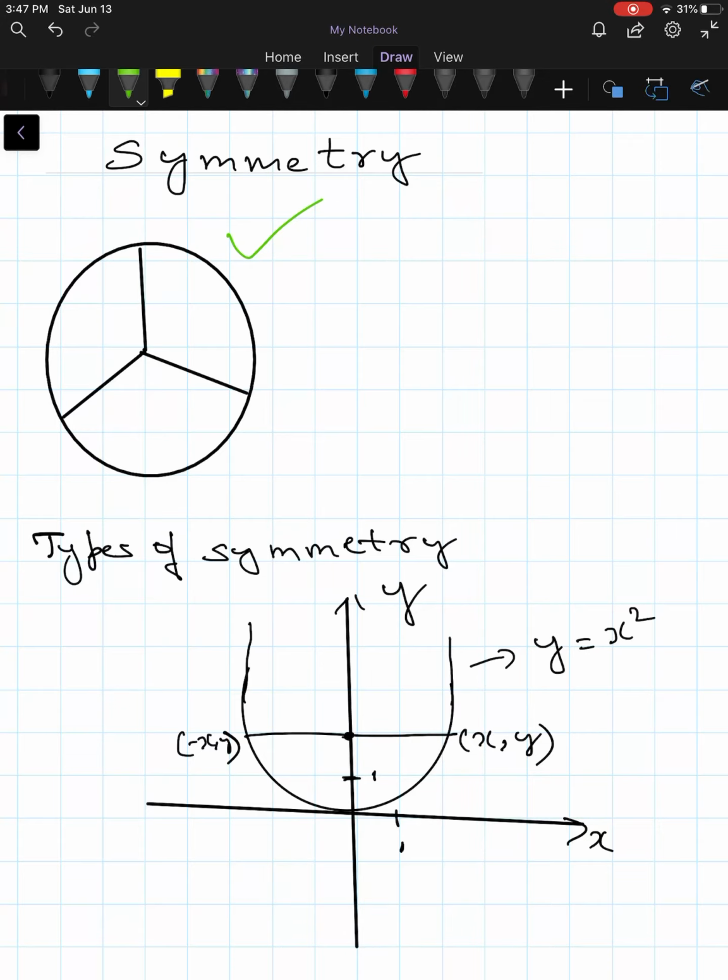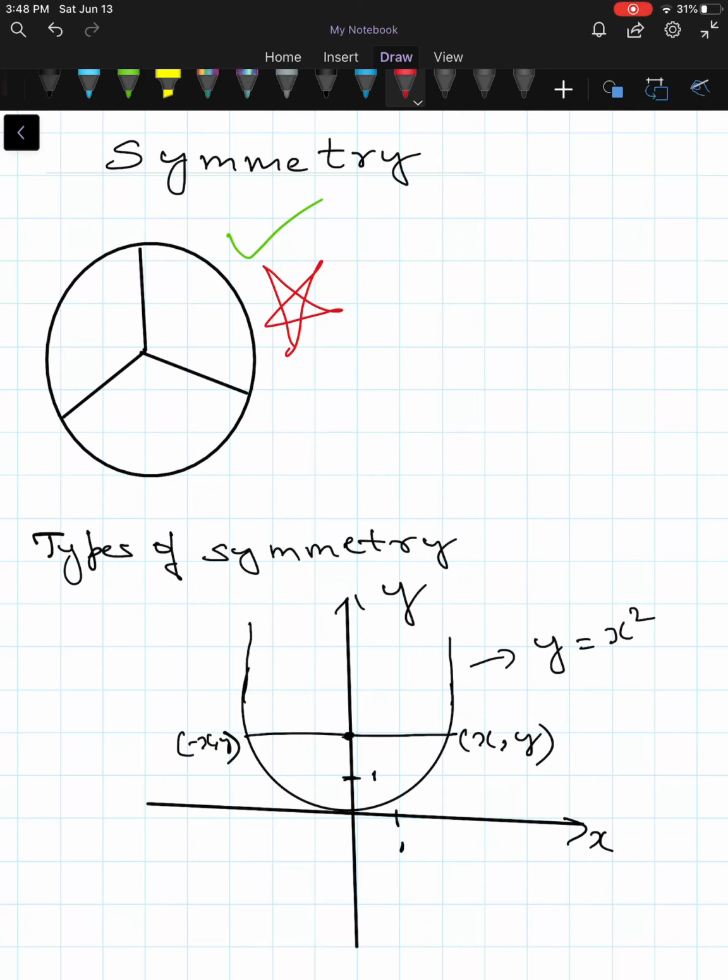The same concept applies to graphs as well. What do you mean by symmetry in graphs? This is nothing but a graph. These are all a set of points which satisfy a certain equation, but the Benz company people have used it to pictorially represent or symbolize them, or use them as a logo.